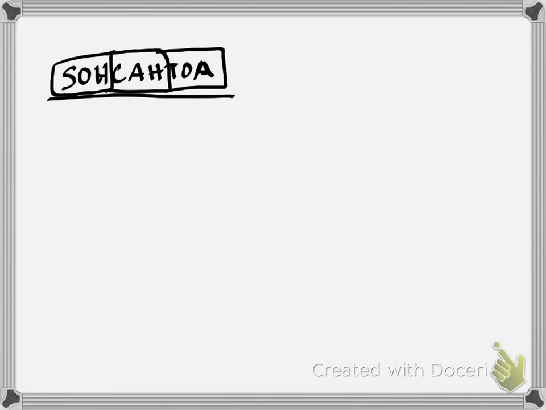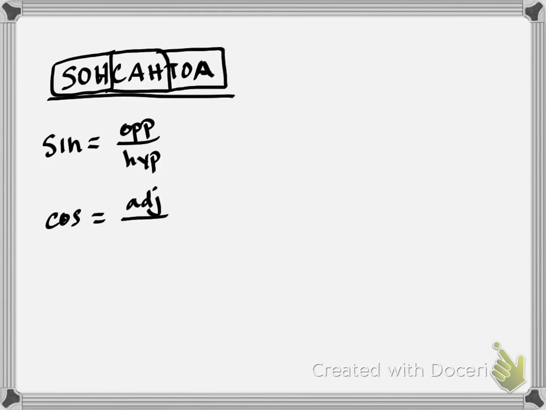The S stands for sine, so the sine is equal to opposite, that's what the O represents. The H represents the hypotenuse. Cosine is equal to the adjacent divided by the hypotenuse, so you have your C, A, H right there in the middle. And then the tangent is equal to the side opposite divided by the adjacent, so you have your T, O, A there.